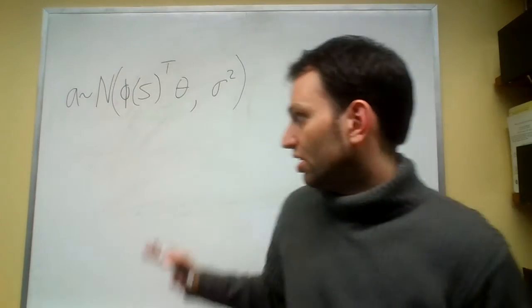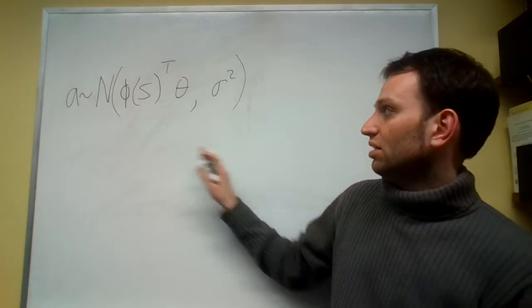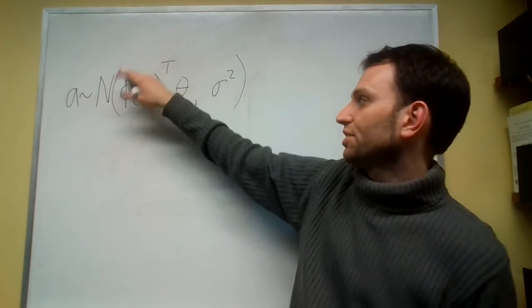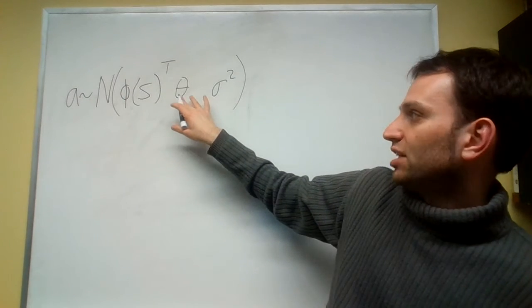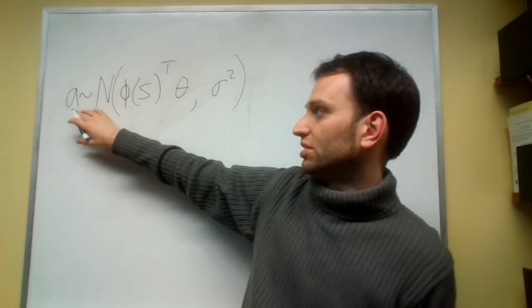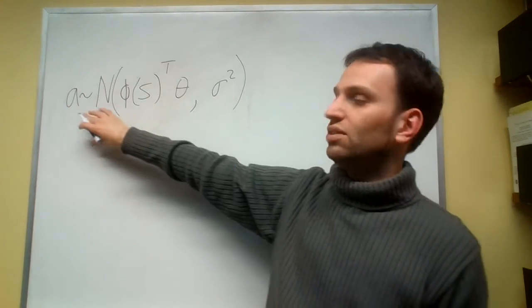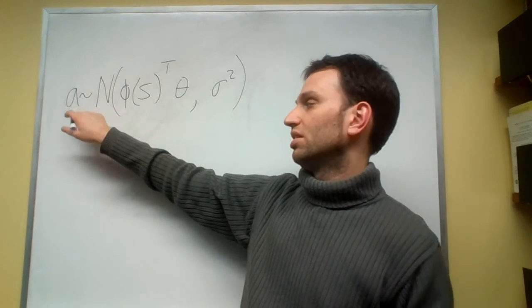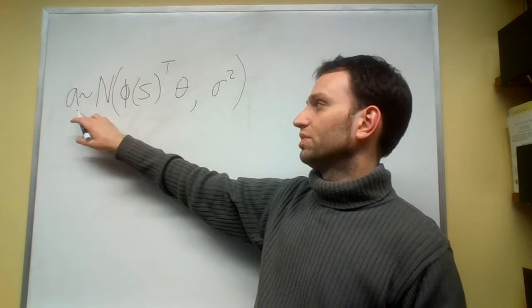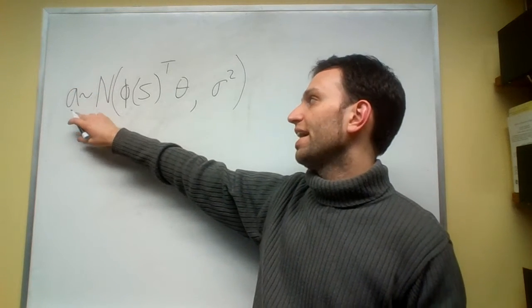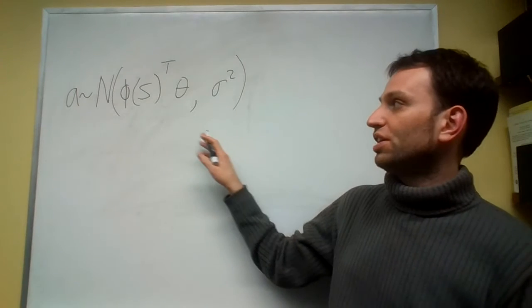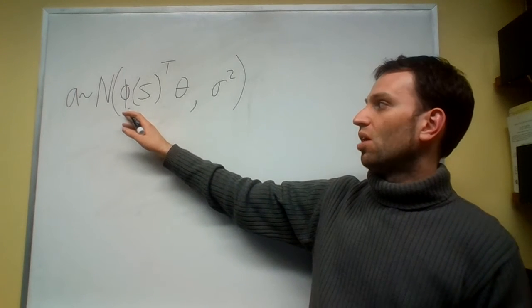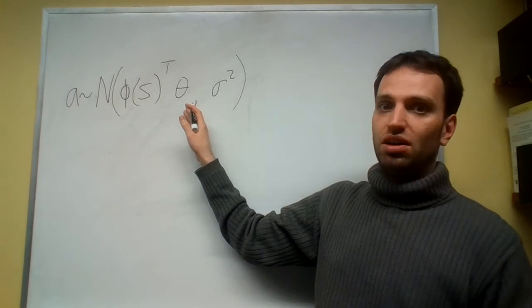So what we're essentially saying is, depending on the state, we'll have a different phi of S. And then, depending on the parameters theta, we're going to select a mean for the A. And then there's a little bit of noise in the process of selecting the action A. So actually, if sigma squared is large especially, A could be pretty far away from this mean of the action.